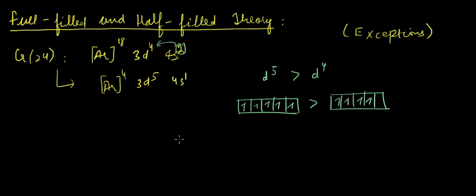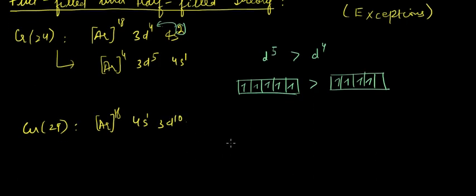Okay, then let's see the case of copper. So copper 29, again we'd be having configuration like argon 4s1 3d10. Okay, so one of the electrons would be getting transferred from 4s to 3d.